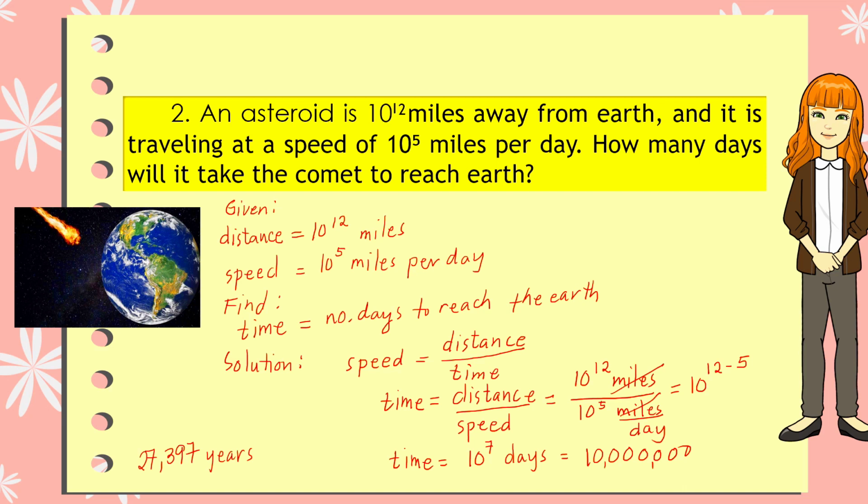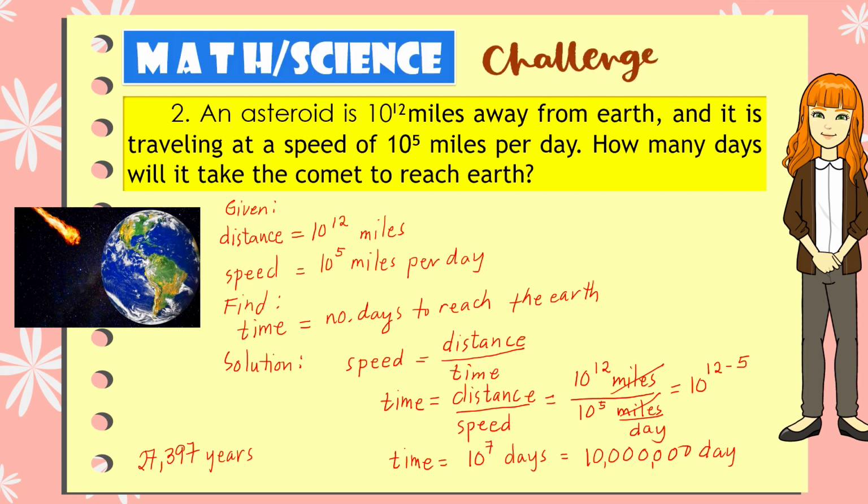So, how? By dividing 10 million days by 365 days per year. So, we will have 27,397 years.